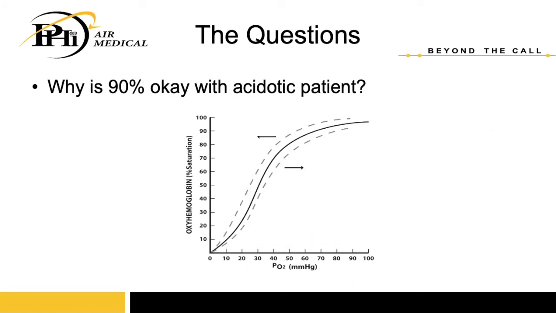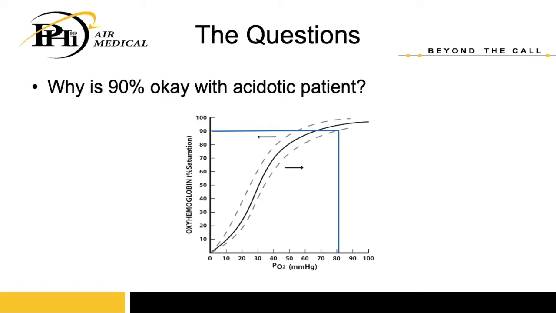The whole reason that we learned the oxyhemoglobin curve is to answer these two questions, right? So why is 90% okay with the acidotic patient? That is because if you have a rightward shift, because they're acidotic, at 90% sats they still have a PO2 of about 80. So they're still going to be offloading about 40 millimeters of mercury of oxygen into the tissues, whereas before the shift happened, a 90% saturation would yield a PO2 of 60, which would cut the amount of oxygen we have available for the tissues in half, right?